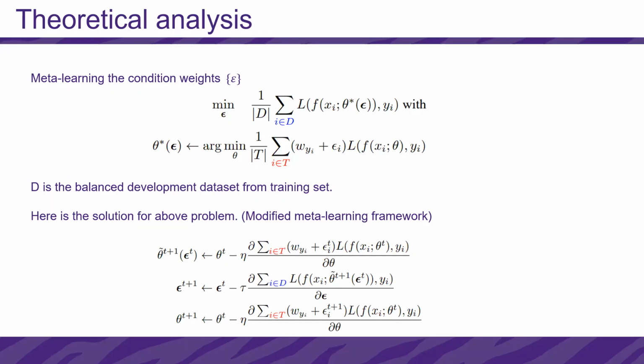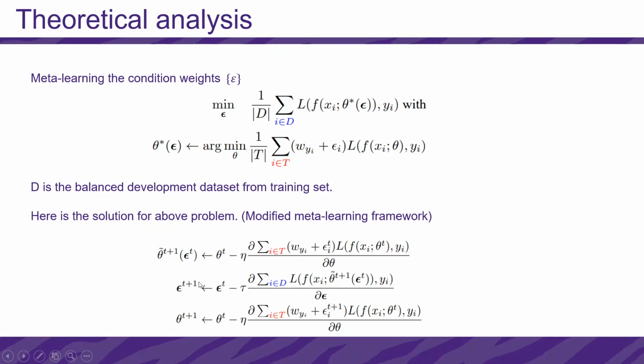Here, there are three backward propagations. The first equation tries a one-step gradient descent for the theta t, using the loss weighted by the epsilon t plus the wy. And the next, the model parameter theta t plus 1 hat is then used on the balanced development set D, which updates the conditional weight by one-step gradient descent.